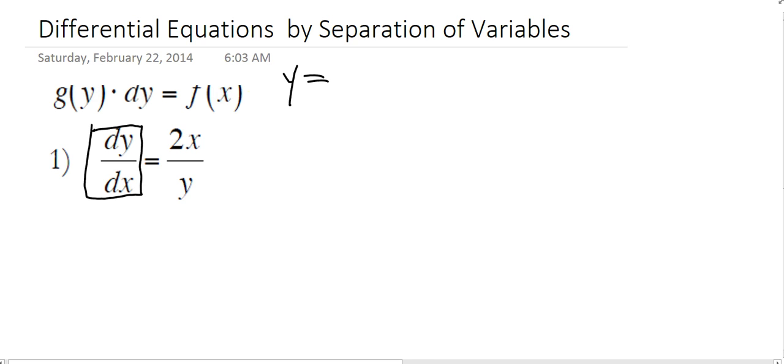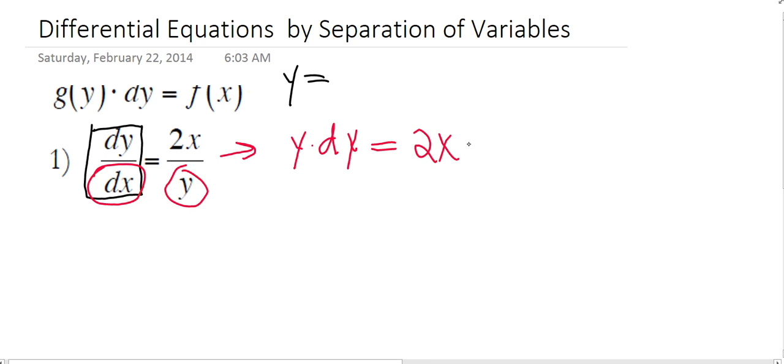So if we cross multiply and get rid of both of these fractions, we would have y times dy is equal to 2x dx. And then, since we have everything grouped in terms of y on the left and x on the right, we can simply take the integral of both sides.